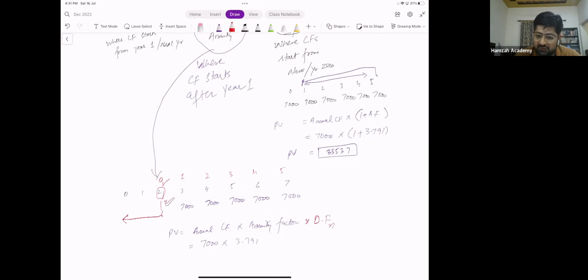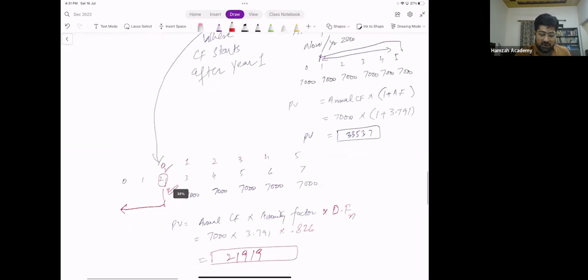If it is year 5, discount factor 0.826. This will be the answer. It is 21,919. Deferred or delayed annuity.